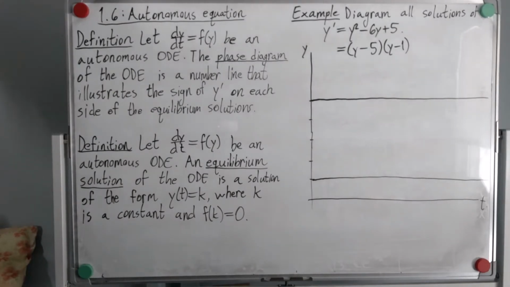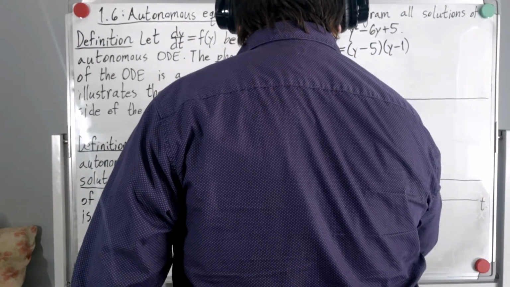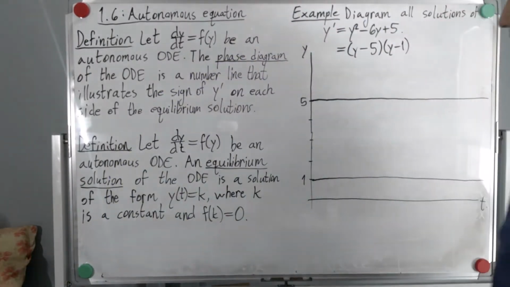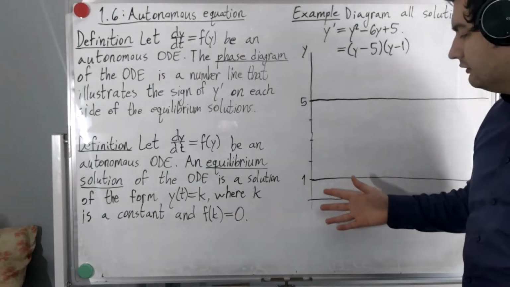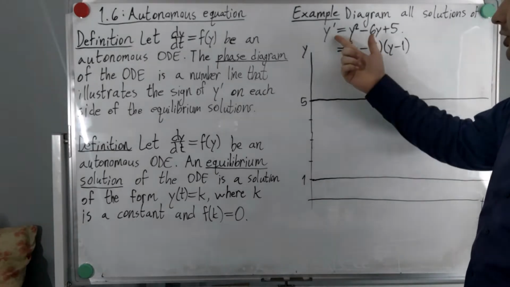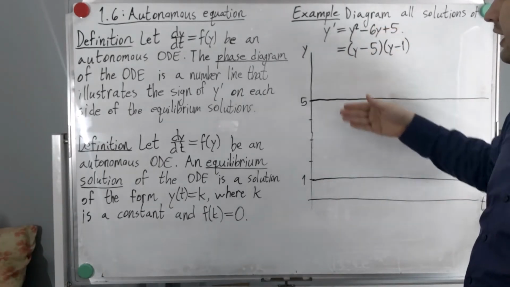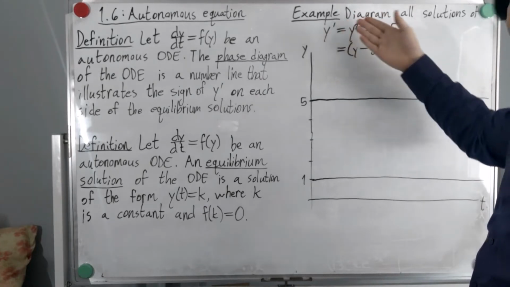Now this number line is usually interpreted as being along the y-axis, because what we're doing here is we're taking 5 and 1, and we're thinking about, okay, below 1, what is the sign of y prime? Between 1 and 5, what is the sign of y prime? And above 5, what is the sign of y prime?